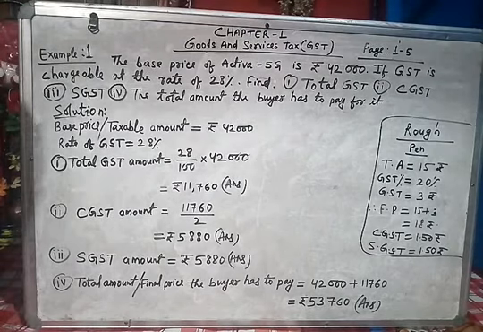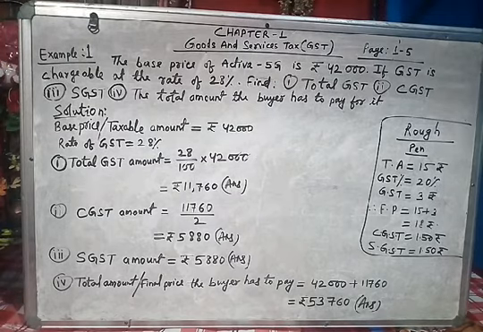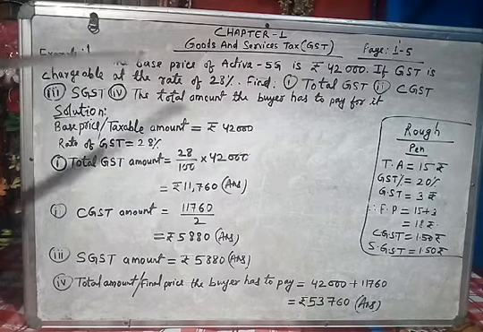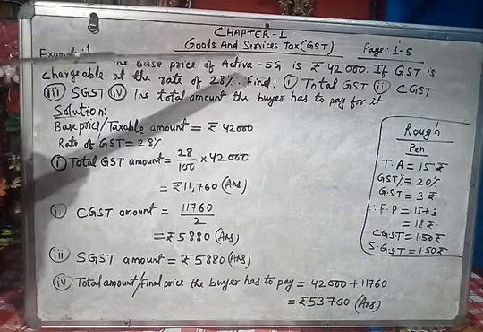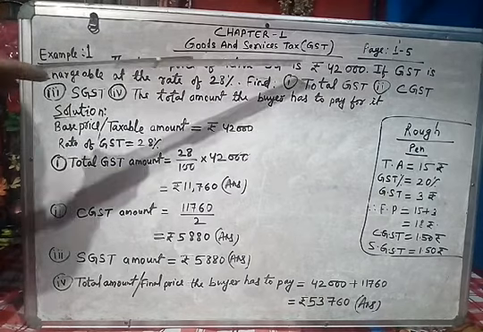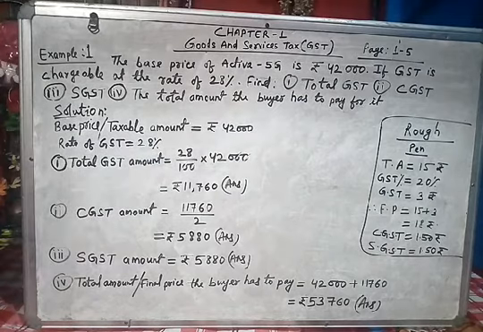So let us start. I have taken a very easy example to understand GST. The base price of Activa 5G is rupees 42,000.